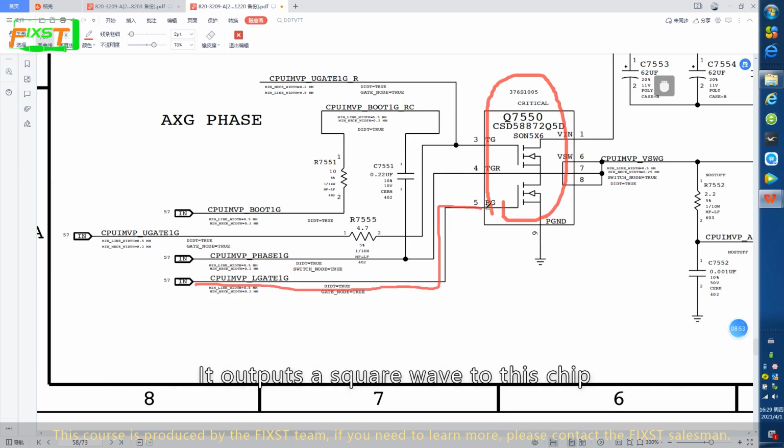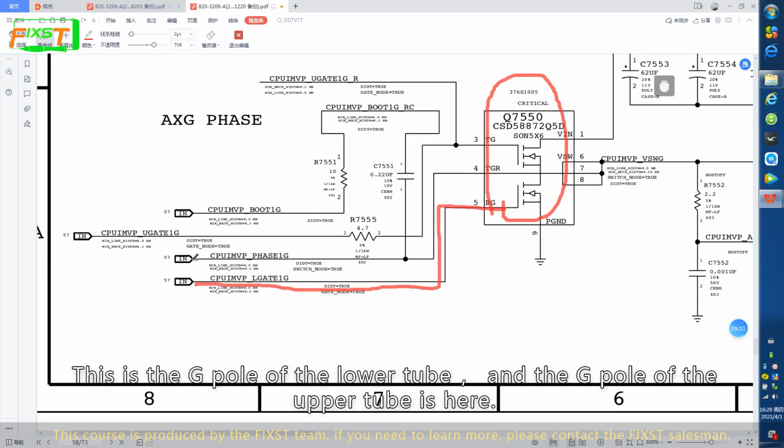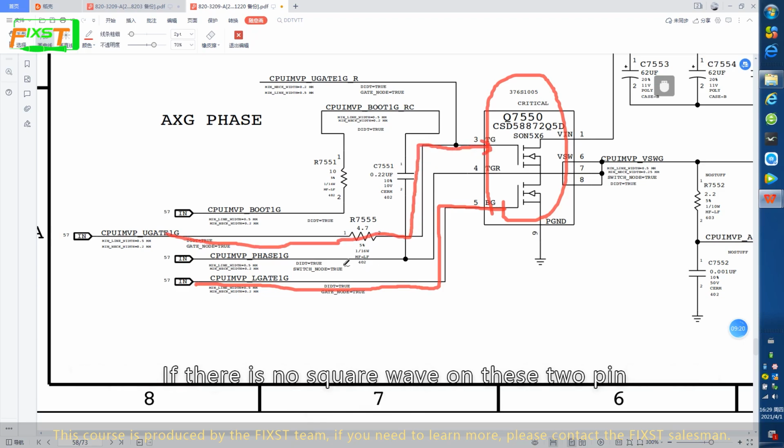It outputs a square wave to this chip. This is the G-pole of the lower tube, and the G-pole of the upper tube is here. If there is no square wave on these two pins, for the same reason, our chip has been damaged.